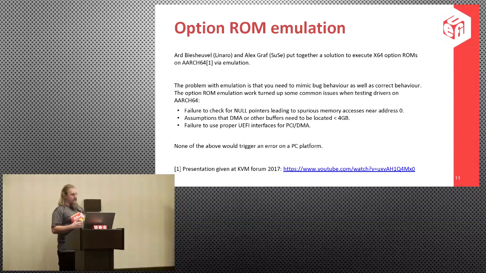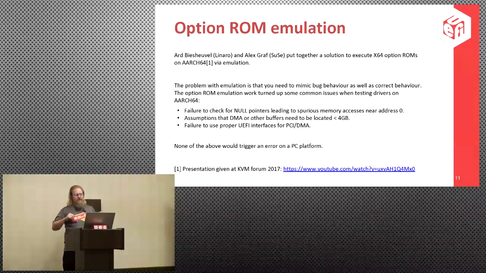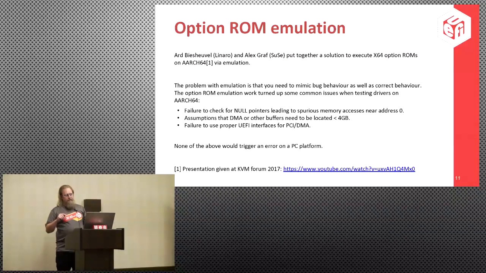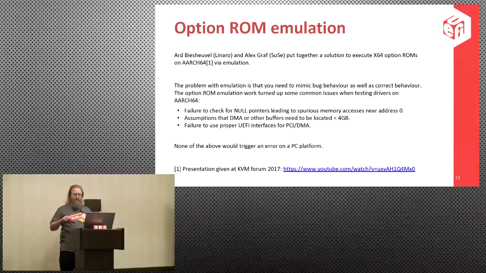And the third one, also very common, is the failure to use the proper UEFI interfaces for PCI and DMA. Art will get into more detail on the specifics of what that means. But the fundamental point is that none of the above would trigger an error on a PC platform. All of these are errors in existing option ROMs that were certainly in the market then, and several of them probably still are.